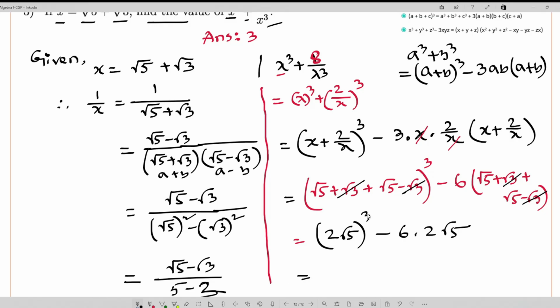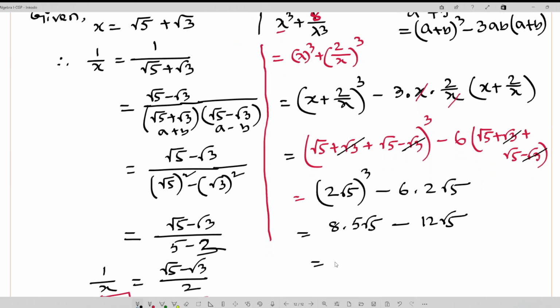So 2 cube means 8 times root 5 cube means 5 root 5, right? And here is minus 6 times 2 means 12, here root 5. So we can write 40 root 5 minus 12 root 5, and the answer is 28 root 5.